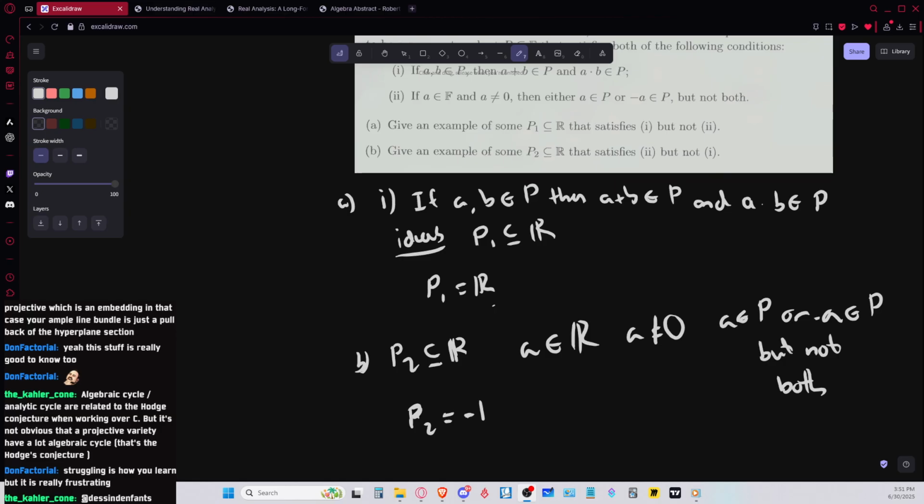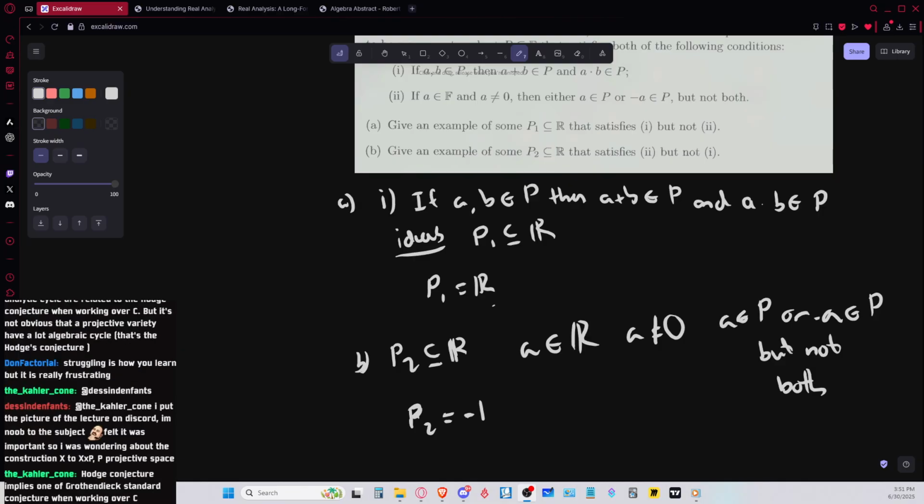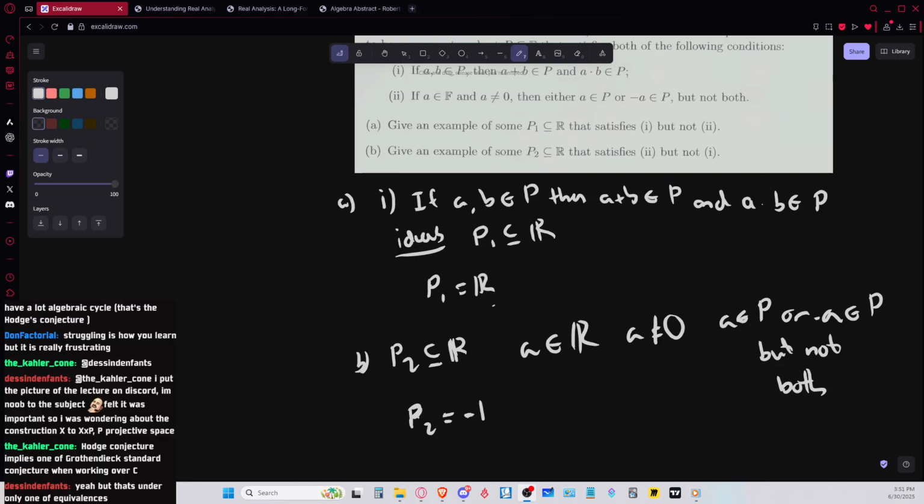But yeah, if we have P2 equal to -1, then we basically have that -1 is an element of the field. A is not 0, so that fulfills that. It's not positive A, but it is negative A in this case, if A was 1.